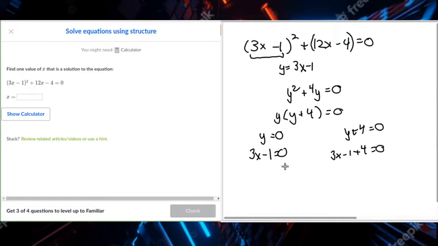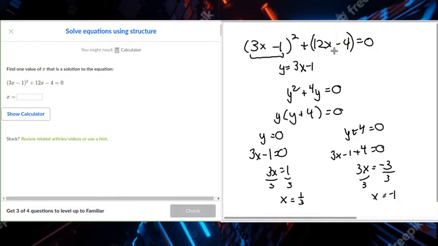Okay, and then I can just solve these. I have 3x; add 1 to both sides, 4 minus 1 is 3. If I subtract 3 from both sides and divide by 3 on both sides, I have x is equal to 1/3, or x is equal to -1.